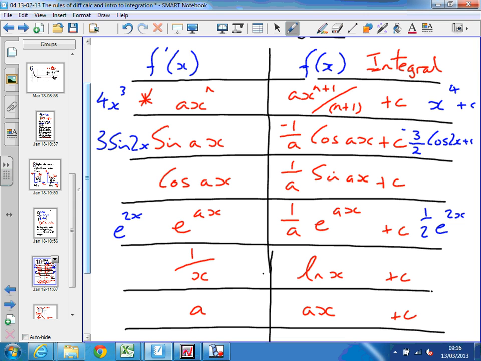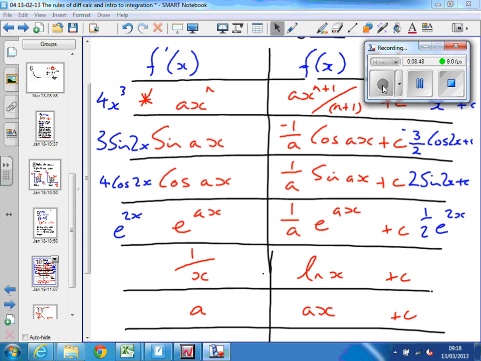The next one, write down what you think the integral of this would be. So next example, 4 cos 2x becomes 4 over 2, which is 2 sine 2x plus c. e to the 2x, the 2 that's in front just comes out and goes underneath.